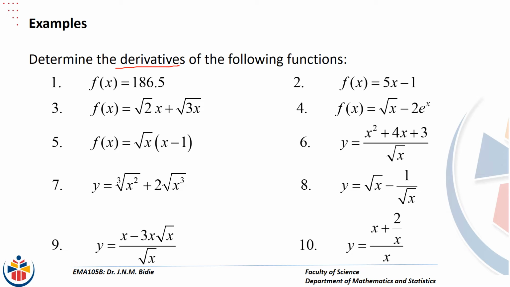So there's a difference of two functions. So the derivative of 5x is 5 times the derivative of x, and the derivative of x is 1. So that means you'll have 5 as your answer for the first term, minus the derivative of 1. 1 is a constant, that is a 0.